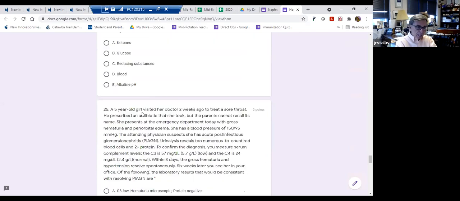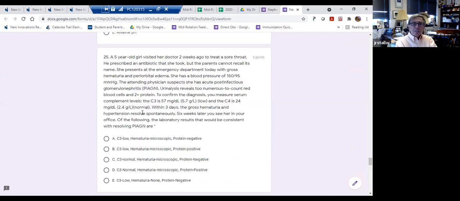25. Now, a lot of y'all missed 25. So let's look at this. The basics to this is a kid with post-infectious GN. Everything fits. This long stem is all about that. But really the question is, what is the follow-up in 6 weeks? What would you expect to see?